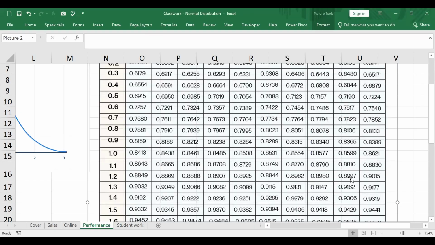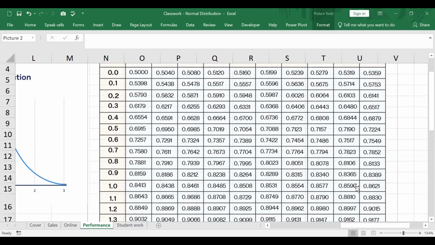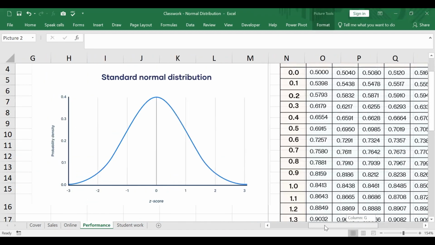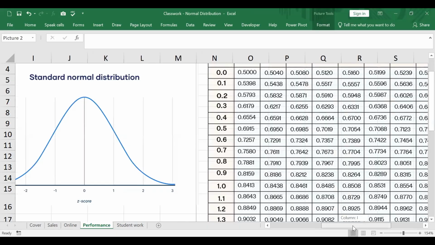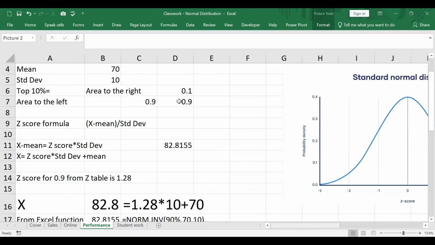You can make further approximation, but this is close enough. It is 0.003 less than 0.9. And what are the corresponding values? It is 1.2 here, and in the vertical it is 8. So the corresponding Z score for a probability of 0.9 is equal to 1.28.